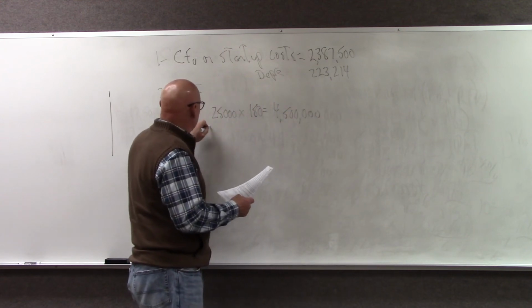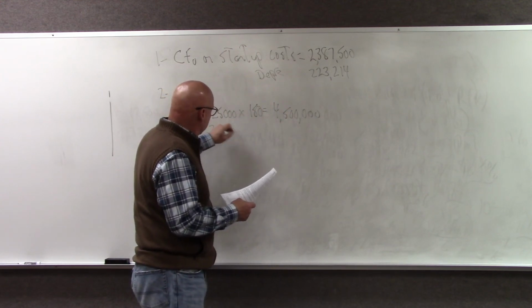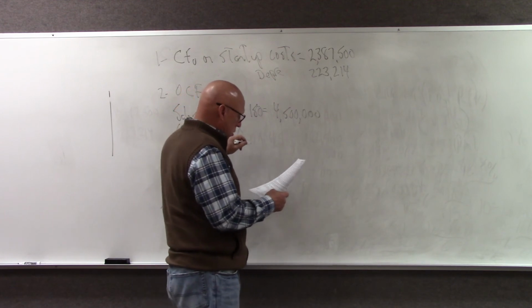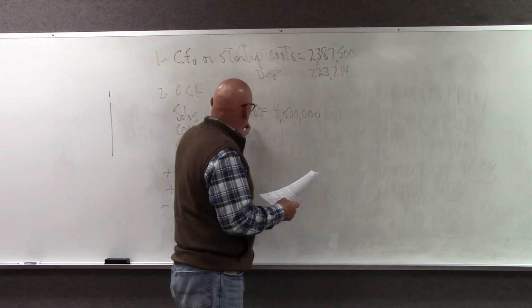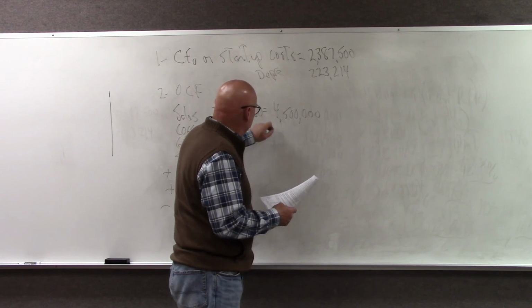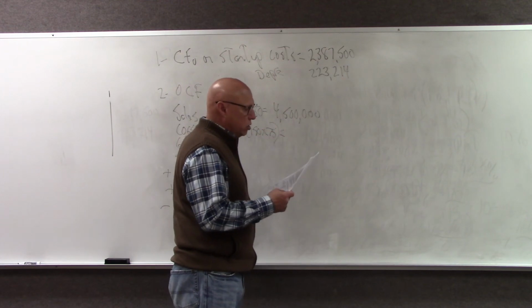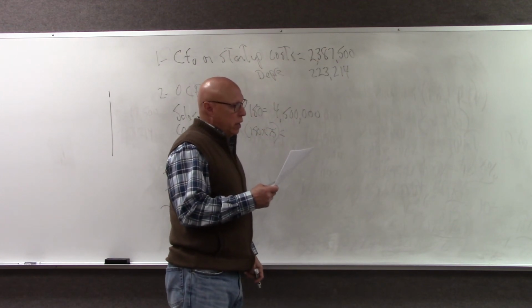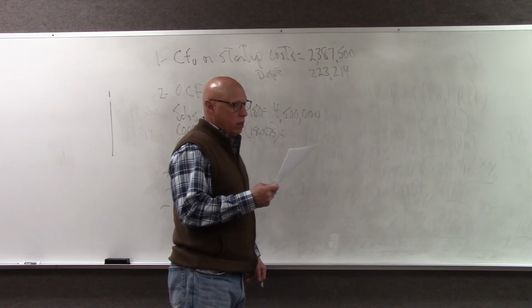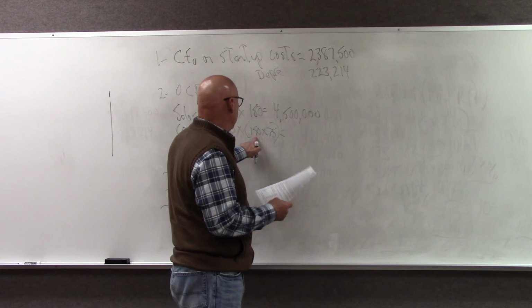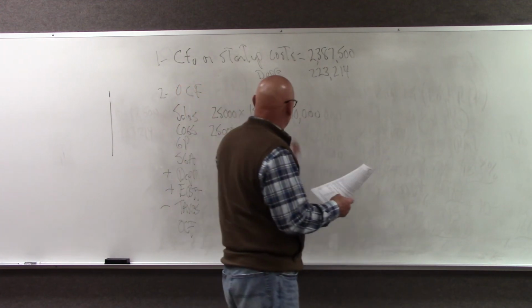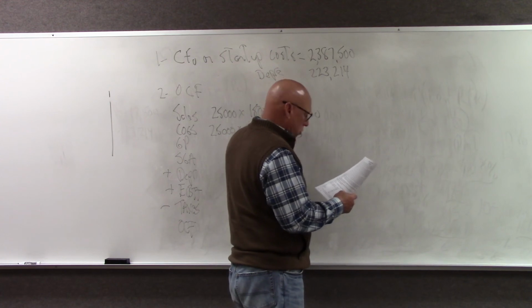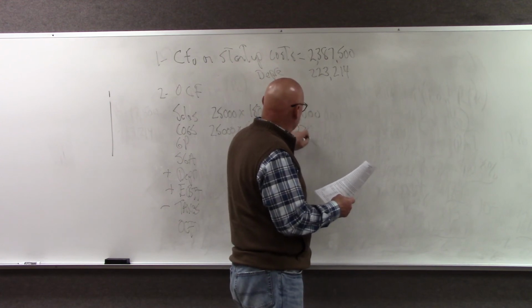Our cost of goods sold, 25,000 units times 180 times 0.75, because it indicates there is a demand for 25,000 units at a price of $180 per unit. They think they can build the units for 75% of the sales price. So $180 times 0.75 times 25,000 units, our cost of goods sold, 3,375,000.